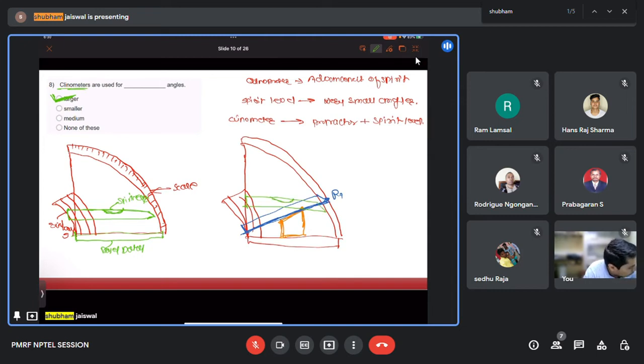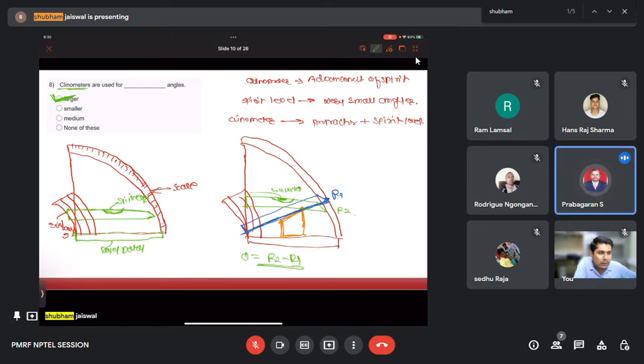And the bubble is horizontal in this one. Okay, so I will check the horizontal position, and this is the reading R2. So using this one, we can get theta equal to R2 minus R1.